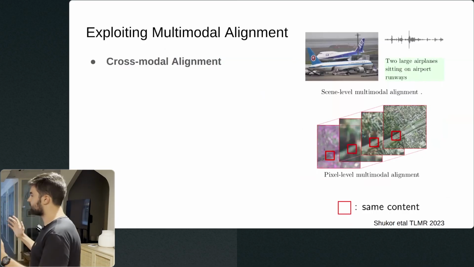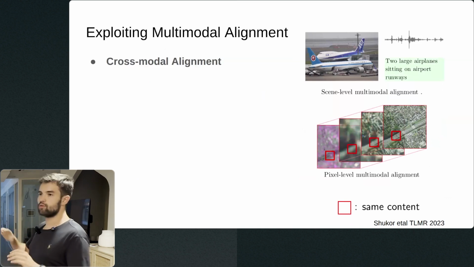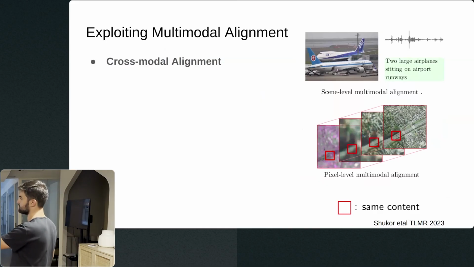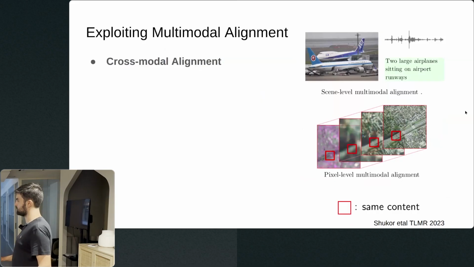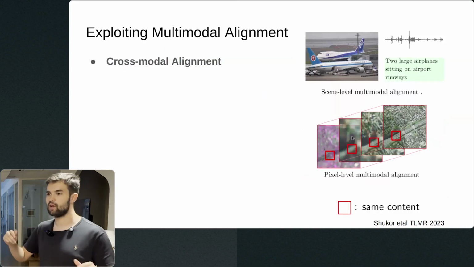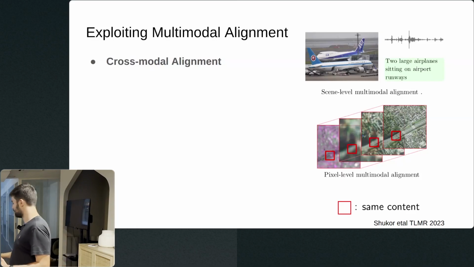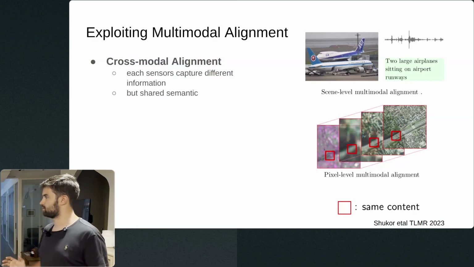So for Earth observation, we have a multimodal alignment. The most famous one is aligning images to text. But here, for Earth observation, we have optical images, we have radar images, we have hyperspectral images, really high resolution images. We have a ton of different sensors that capture the same place.